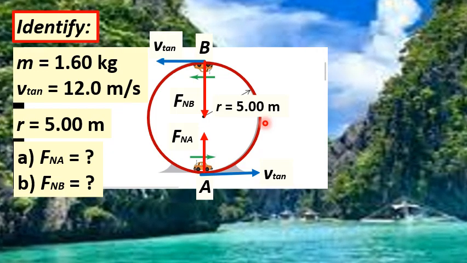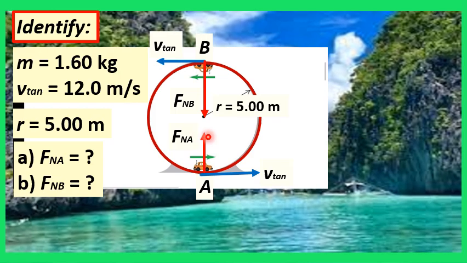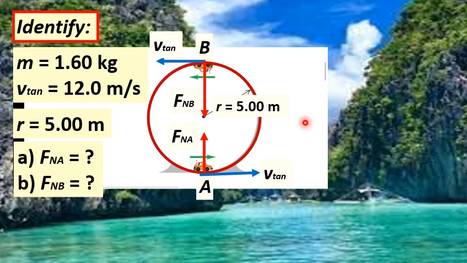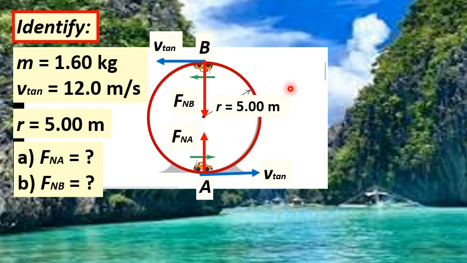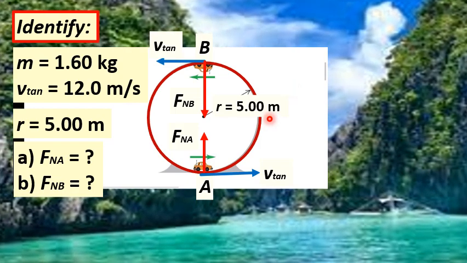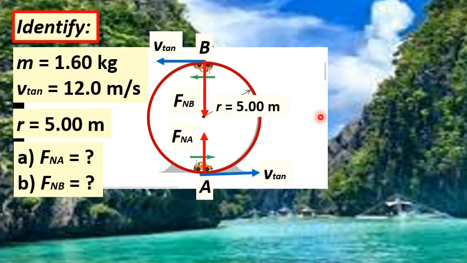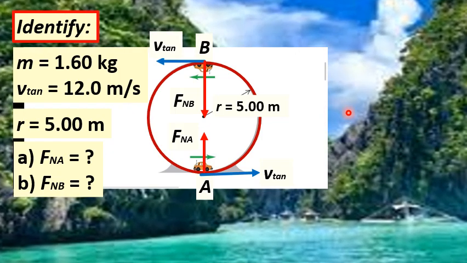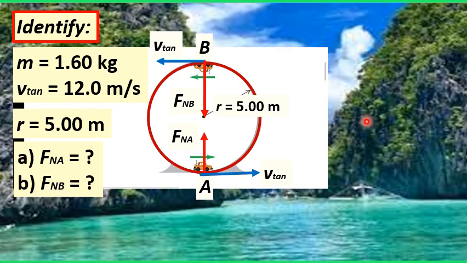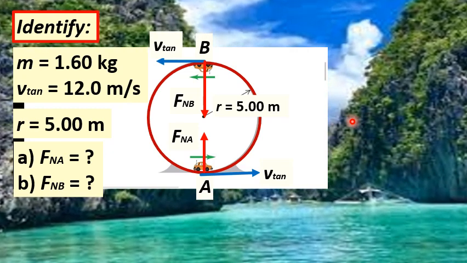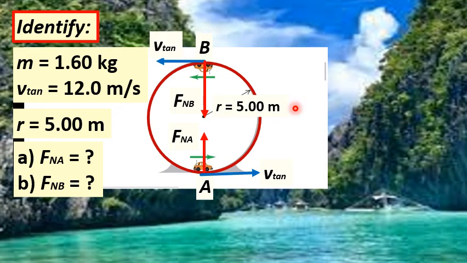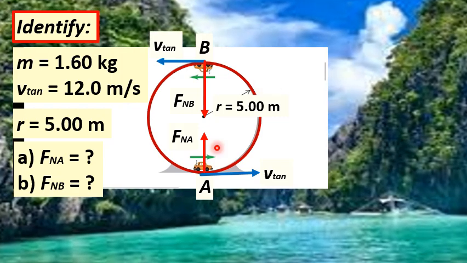And at each point, A or B, we also consider the direction of the car's weight, mg. But for simplicity, the weight of the toy car is not represented in the diagram, but let it be understood that the direction of the weight of the toy car is always downward.